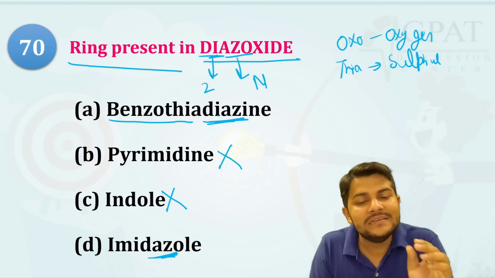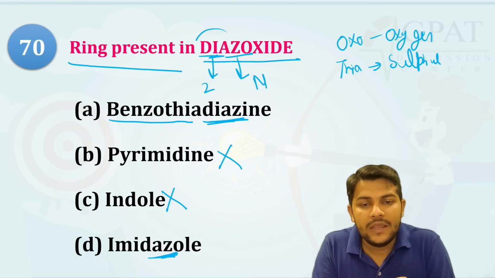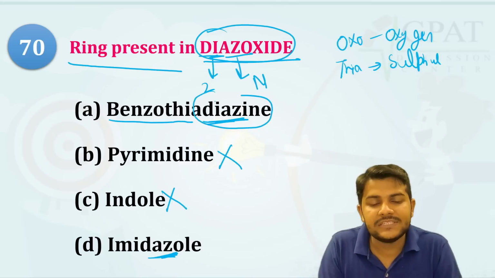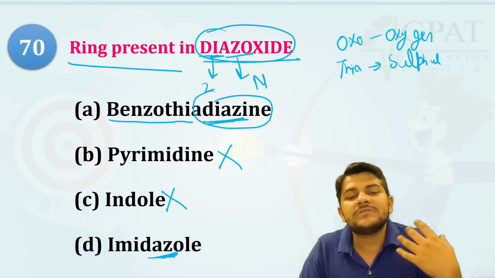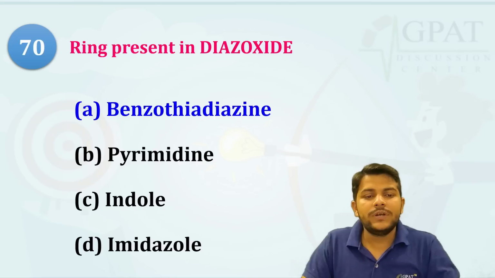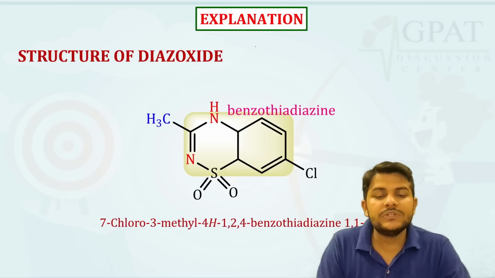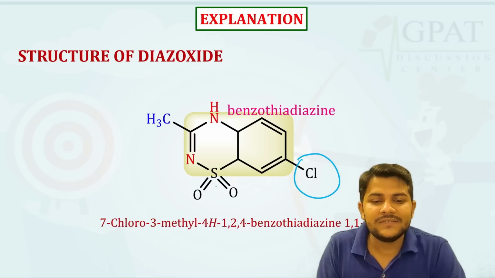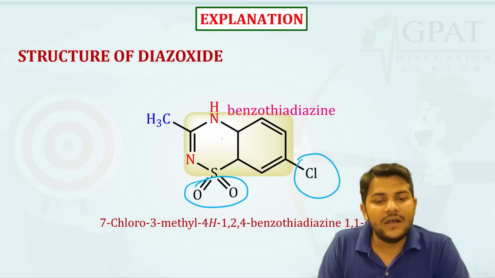So the limit test of chloride is based on the reaction between the chloride ion, in soluble form, and silver nitrate, AgNO3, and dilute nitric acid, which is used to make the solution pH acidic, and there is a formation of opalescence, or turbidity, of silver chloride. Then we have to compare the test sample with the standard.